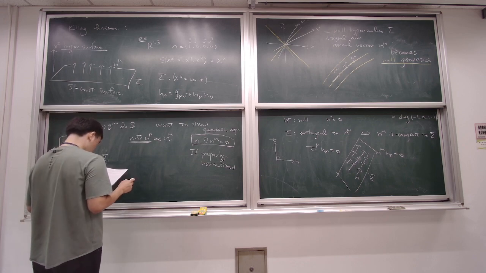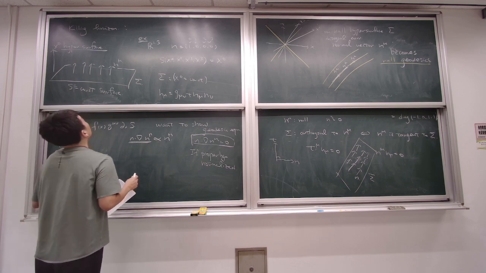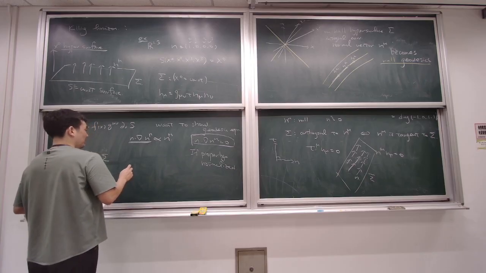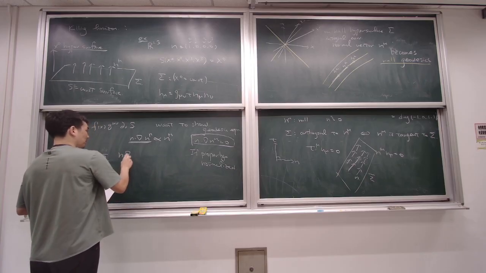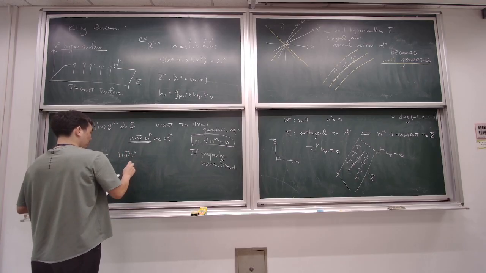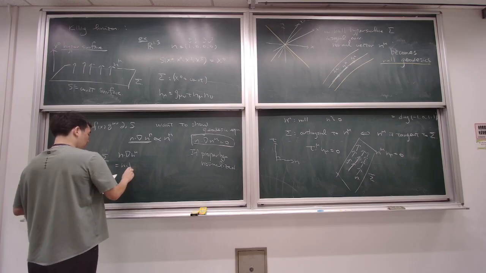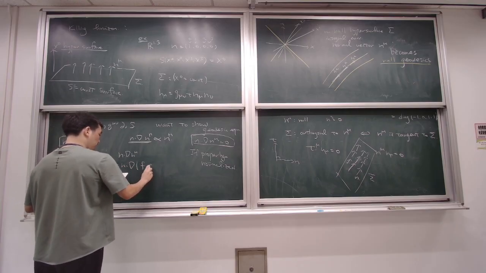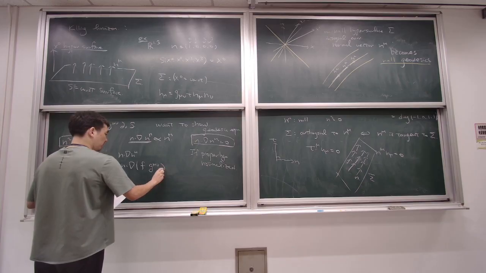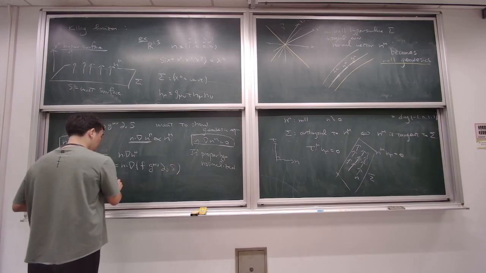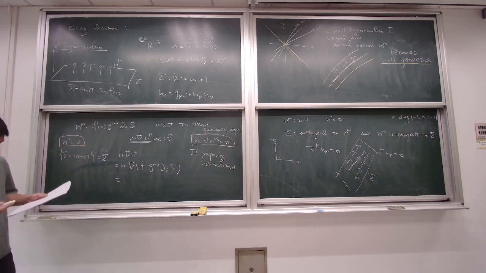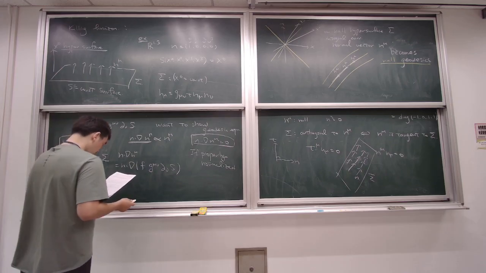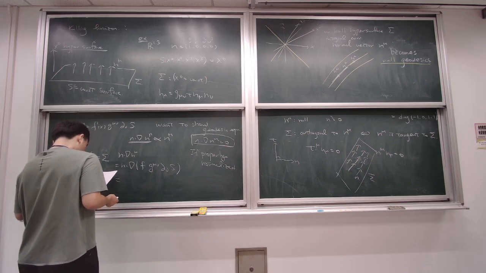Okay, we have to do it one by one. n mu is equal to f g mu nu del nu s, and then we just use the Leibniz rule to get the answer.